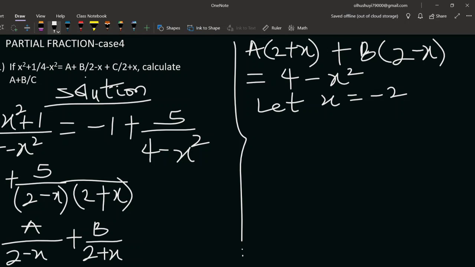Let x be equal to 2. So what do we have? We have 4A to be equal to 4 minus 4, 0. A is equal to 0.